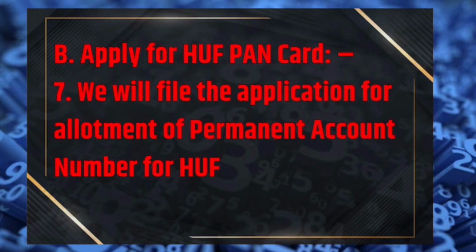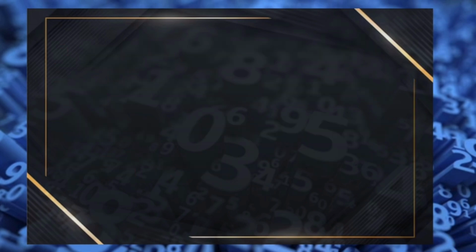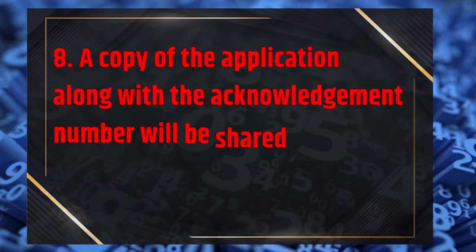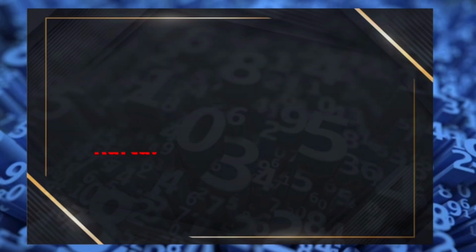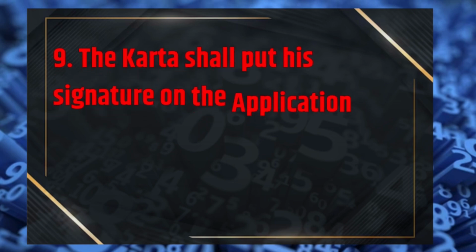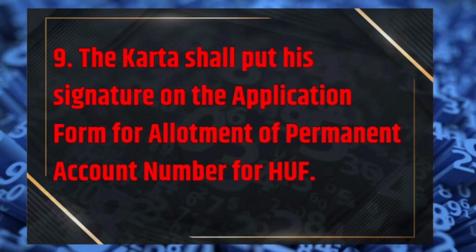We will file the application for allotment of permanent account number for HUF. 8. A copy of the application along with the acknowledgement number will be shared with the Karta. 9. The Karta shall put his signature on the application form for allotment of permanent account number for HUF.